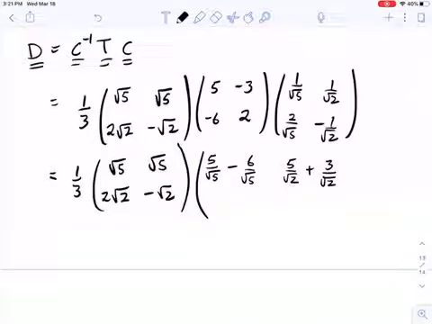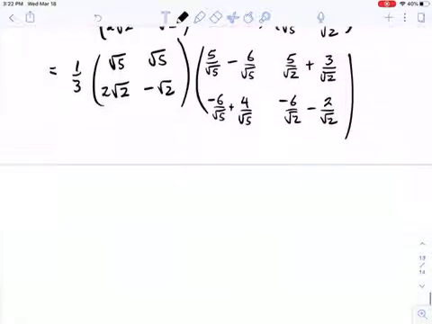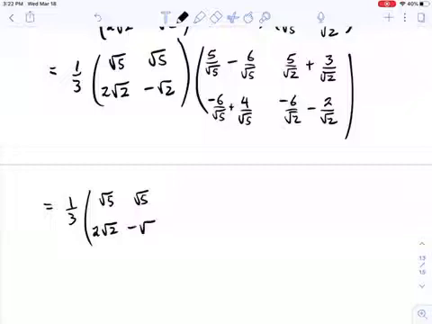Then we get minus 6 over root 5 plus 4 over root 5. And then we get minus 6 over root 2 minus 2 over root 2. So it's 1/3 root 5, 2 root 2, minus root 2.